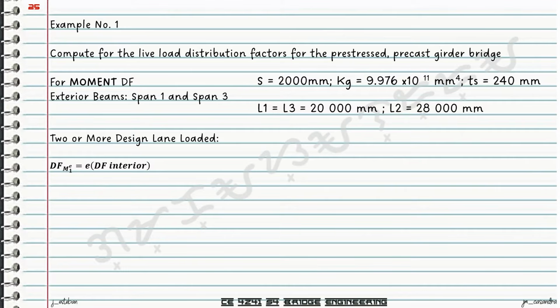In this case, e now is computed by the equation from the table, wherein de from the diagram or from the given values is equal to 910. So substituting that in the equation, we'll arrive at e equal to 1.095.